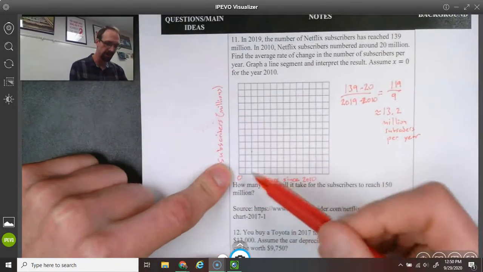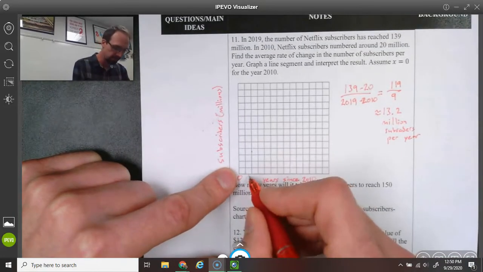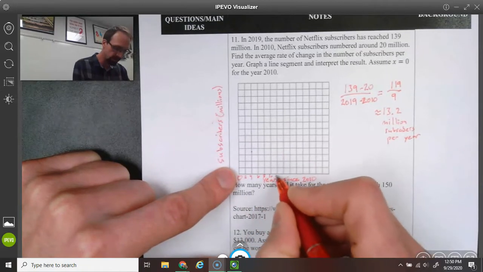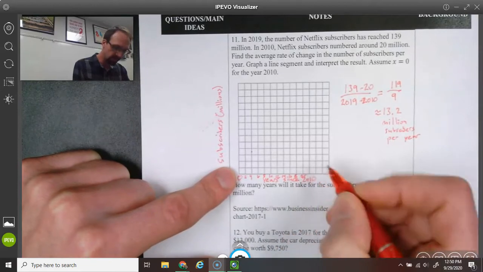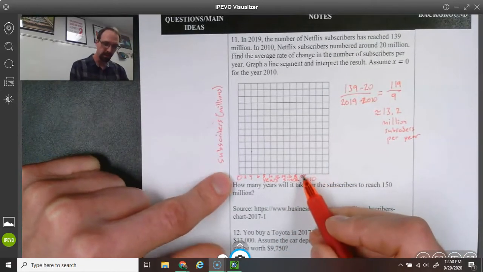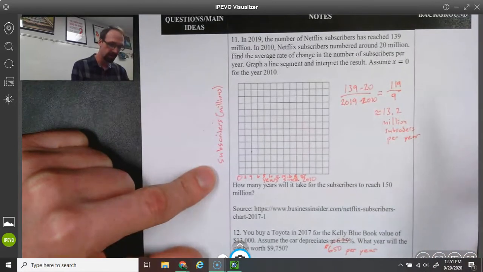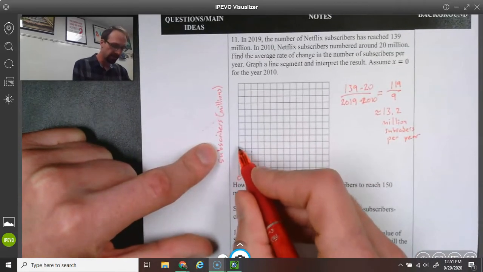So knowing that I need to fit in all of this, I'm going to go by 2's here. So 2, 4, 6, 8, 10, 12, 14, 16, 18, 20. So 19 puts me here. And then I need to make sure it goes up to 139. So 20, 40, 60, 80, 100.